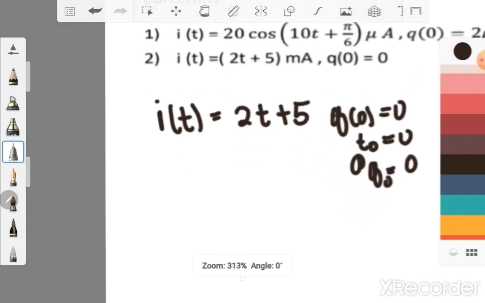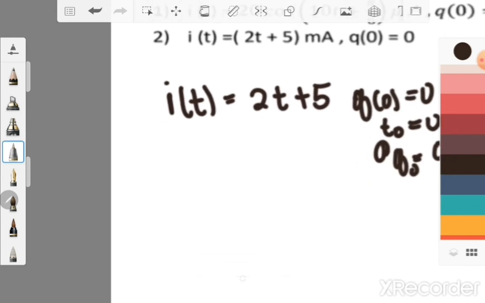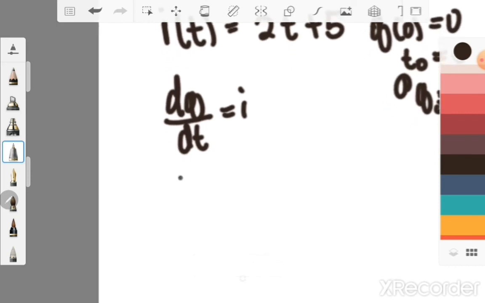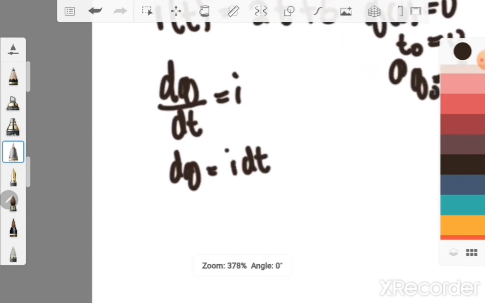Okay? So, therefore, your I sub t is equal to 2t plus 5. So, going back to our equation, dq over dt is equal to I. And your dq is equal to I dt.